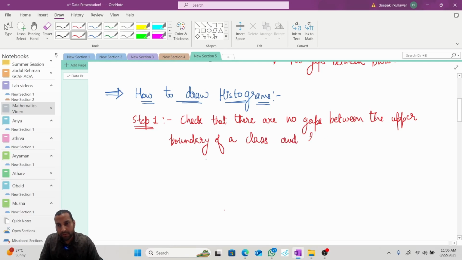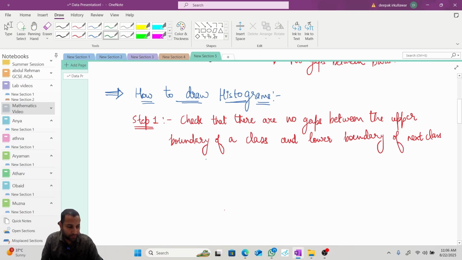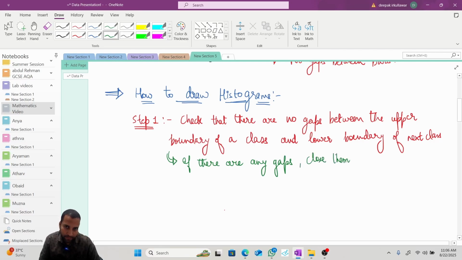While doing so, you must remember, if there are any gaps, close them by changing the boundaries.